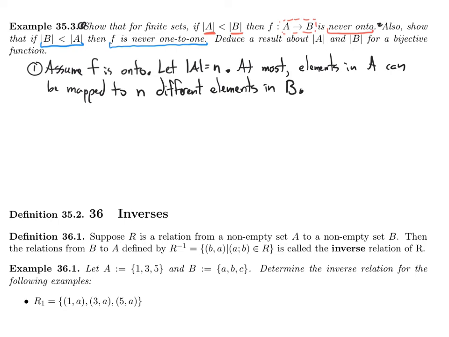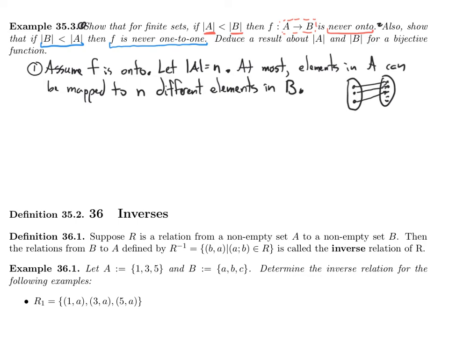And you can think about that via a diagram, right? So let's say if there were 3 things in A, they could be mapped to, at most, 3 things in B, if they never double up.